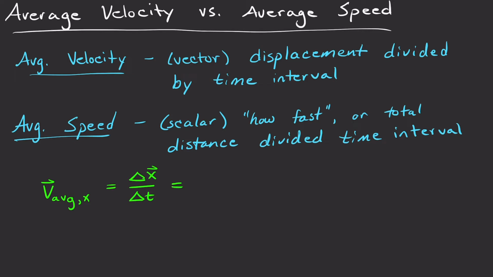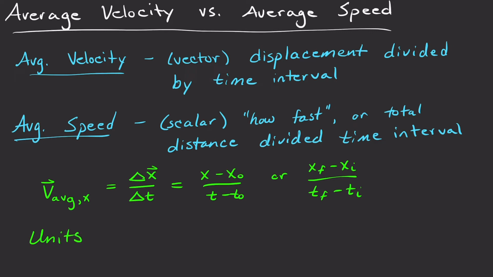And so again, we can expand these deltas. This would be x minus x naught over t minus t naught, or if you prefer, x final minus x initial over t final minus t initial. You could have x2 minus x1 over t2 minus t1. That would be okay as well.